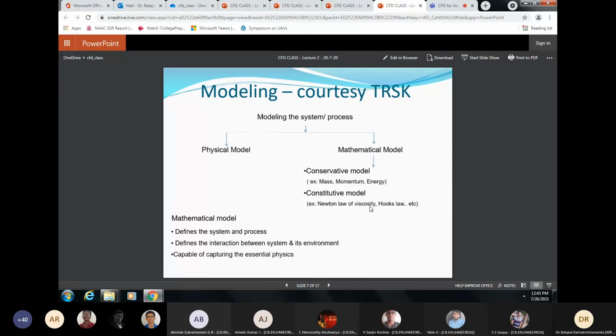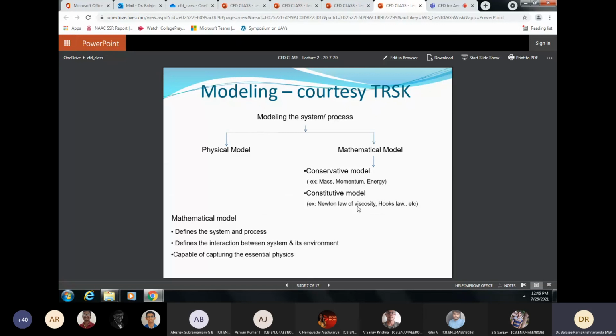Something which is not obeying Newton's law linearly is a non-Newtonian fluid. Then what do you use for the viscosity term there? Then how about Sutherland's constant? How does viscosity vary with temperature? Hooke's law, stress and strain, how they relate to each other. Ideal gas law, P is equal to rho RT. Then some turbulence model, relations between turbulence quantities. All these will form a constitutive model.